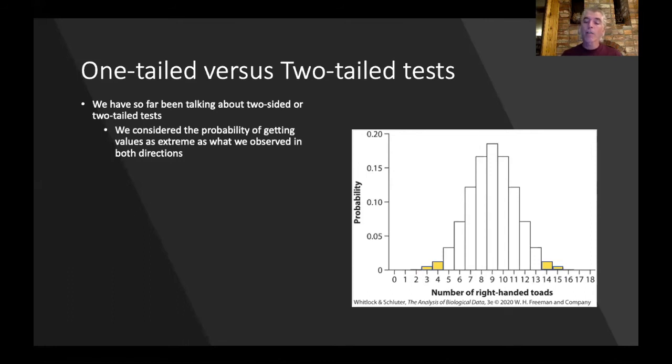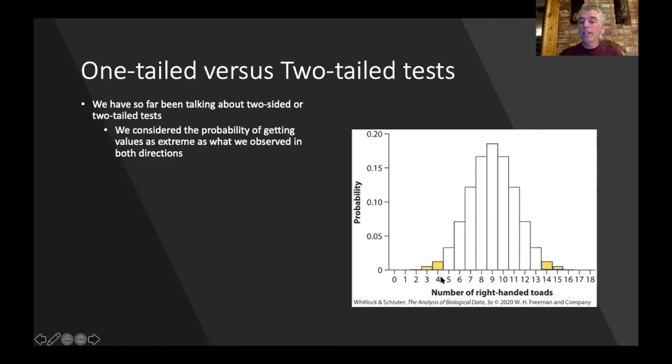If you recall from our example of the sample of right-handed toads, where 14 out of the 18 toads were right-handed, and we wanted to calculate the probability of getting a sample as extreme or more extreme than that if the null hypothesis were true, we needed to add up the probability of getting 14, 15, 16, 17, and 18 right-handed toads, as well as the complement where the sample was skewed towards left-handed toads.